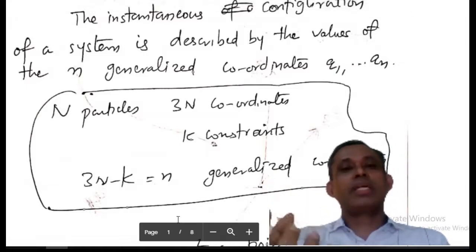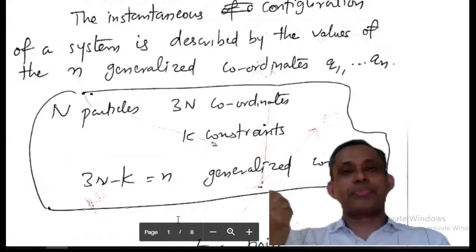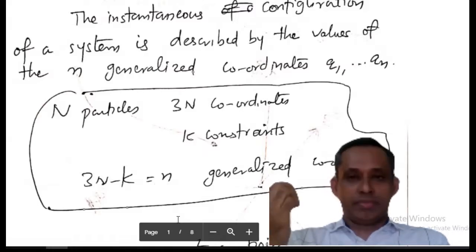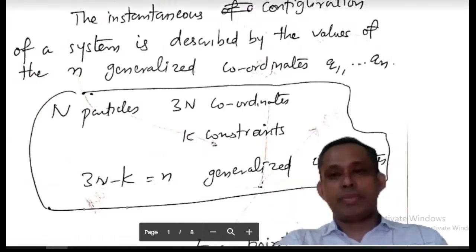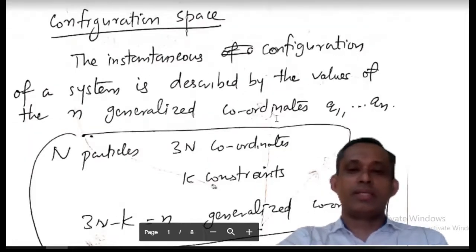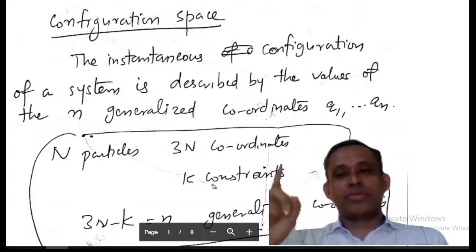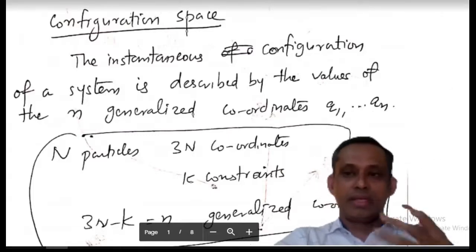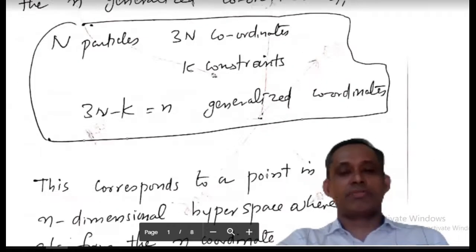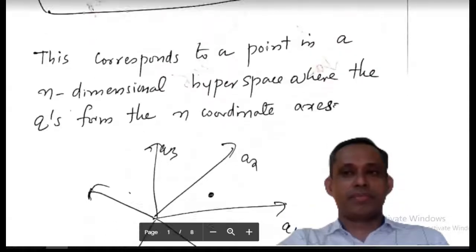The configuration of the system is described by the values of these n generalized coordinates q1, q2, qn. If we specify these values, we get the instantaneous configuration of the system.